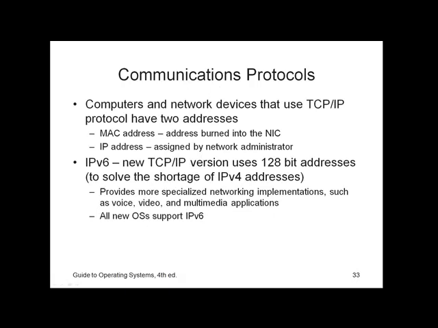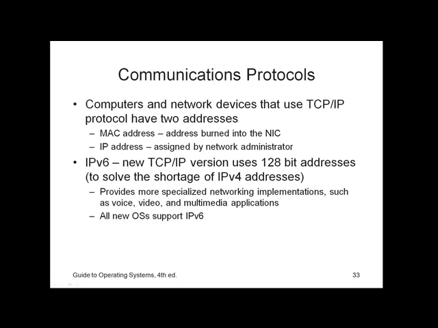Computers and network devices that use TCP/IP protocols have 2 addresses. The MAC address, which we've talked about earlier, which is the address that's burned into the NIC card, and the IP address, which is going to be assigned by the network administrator. Now, IPv6 is new. It's a TCP/IP version that uses 128-bit addresses to solve the shortage of the IPv4 address situation.